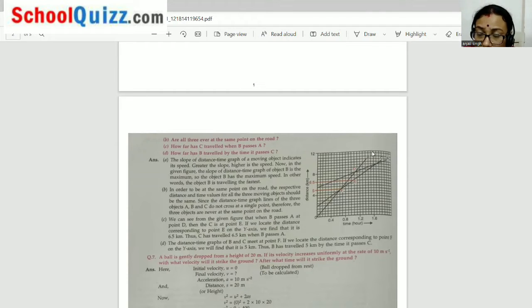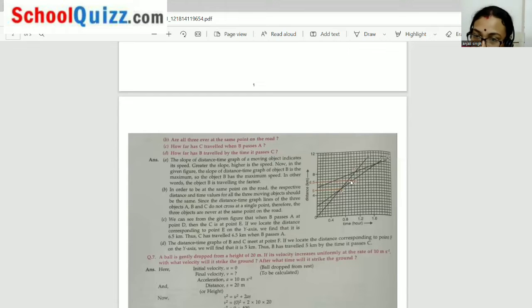All three, A, B, and C, are they intersecting at any point? The question means, are they intersecting at any point in the graph? At point F, you can see B and C are intersecting.